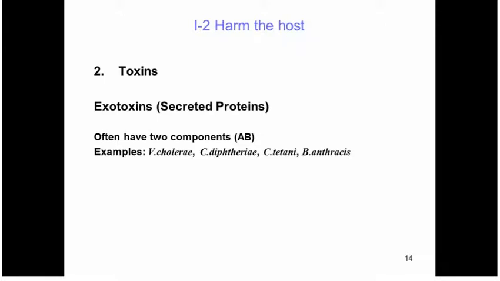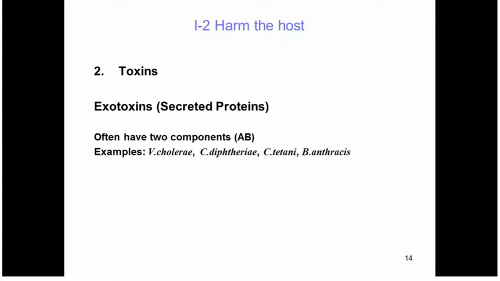Now, the second aspect of bacteria actively harming the host is the action of toxins. There are two types, and it's very important to know the characteristics of exotoxins and endotoxins. Very, very frequent exam question.